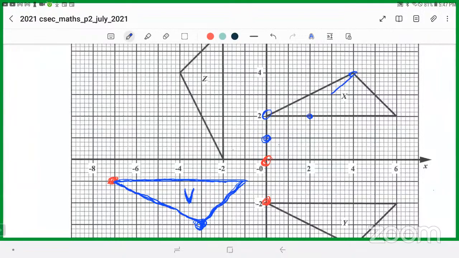So this point coming here. And then this point, which is 6, 2, is going to come to 3, 1, which is right here, if you half the coordinates. So if you throw in the construction line, that whole distance is now cut in half right there. And so your image triangle is this.